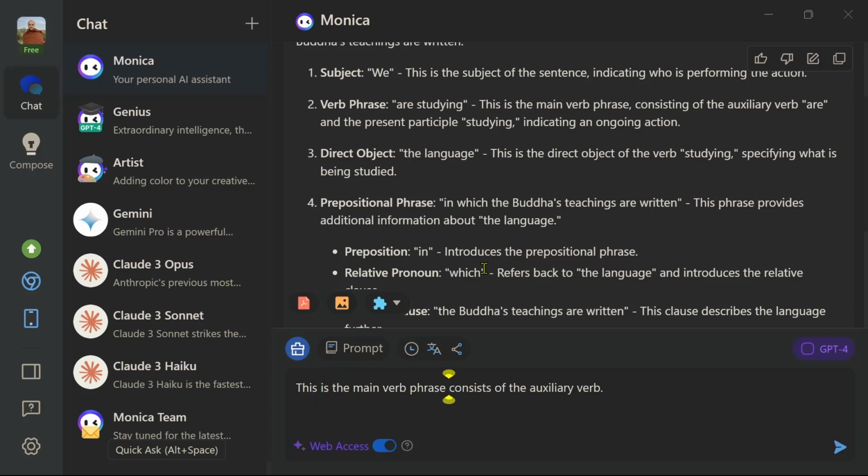So you cannot mix these functions. This is the main verb phrase, so you have to use the pronoun in place of the phrase: that, or which. That consists of the auxiliary verb.